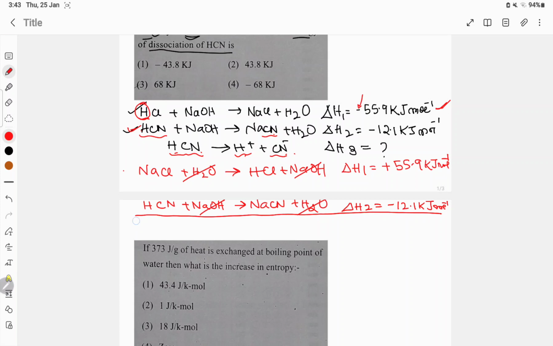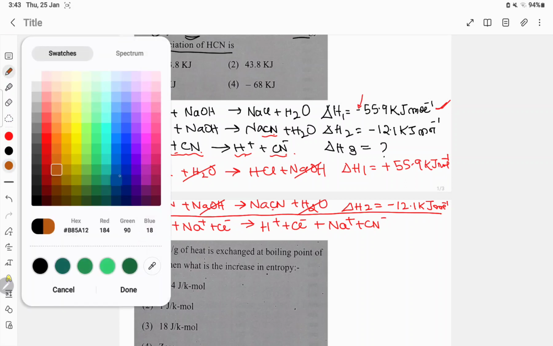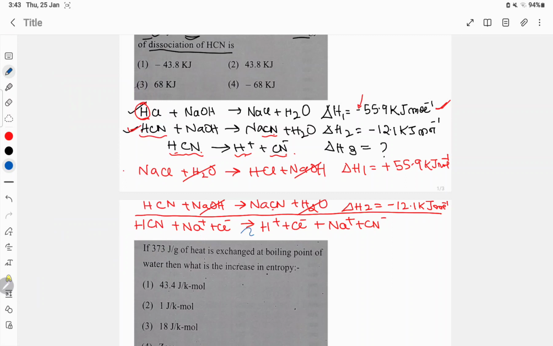So let's write HCN plus NaCl. I will write Na plus Cl minus. For HCl, I will write H plus Cl minus. For NaCN, I will write Na plus CN minus. Let me cancel the terms Cl minus, Na plus, Na plus.